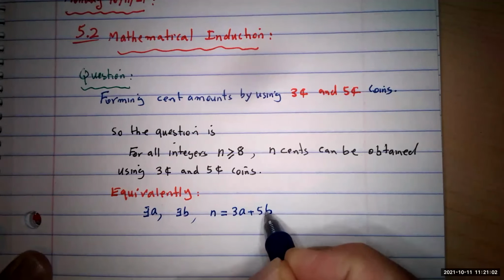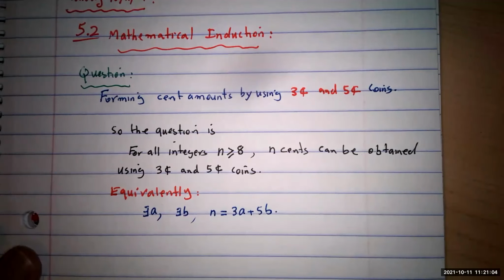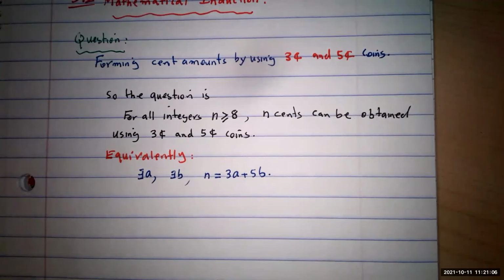This is the algebraic format, if you like. Any question? Everybody happy about the question? We have n cents, we want to change it into 3s and 5s. So mathematically, this means your n would be a combination of these multiples.